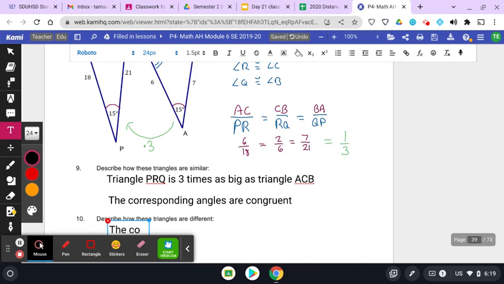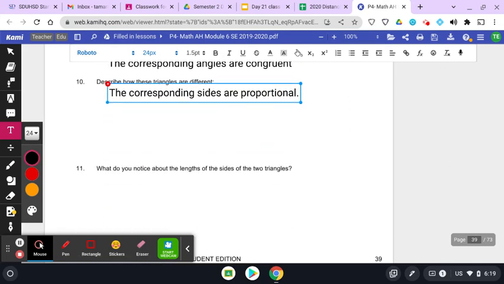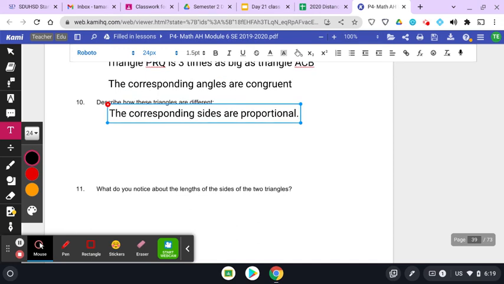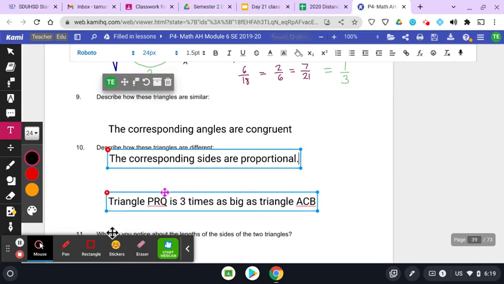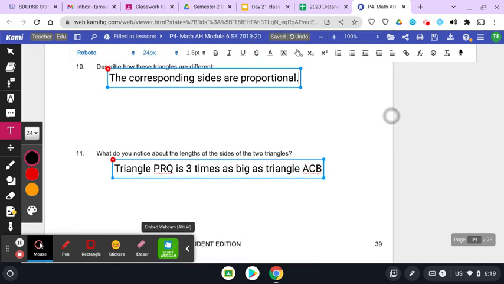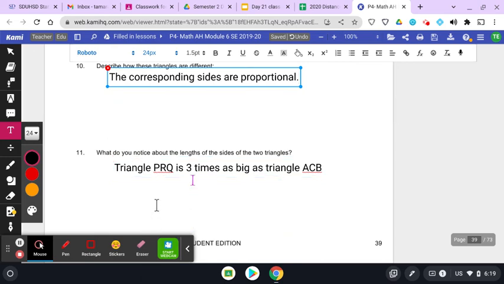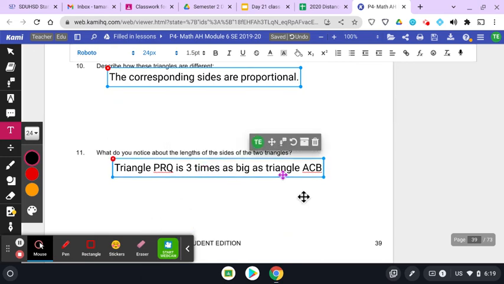The corresponding sides are proportional. What do you know about the lengths of the sides of the two triangles? Same thing we said here. You can actually just move this down. Triangle PQR is 3 times as big as triangle ACB.